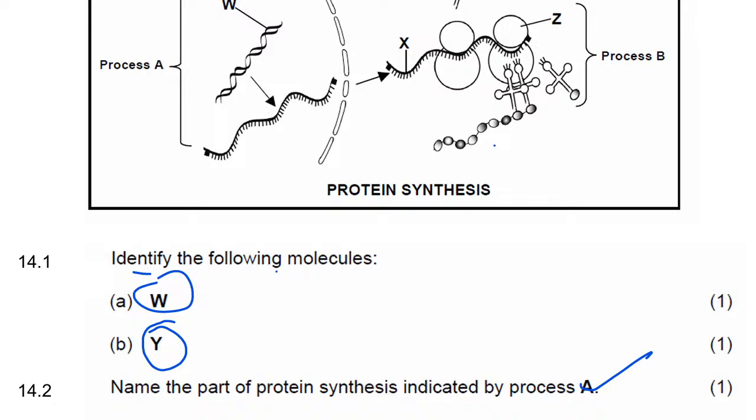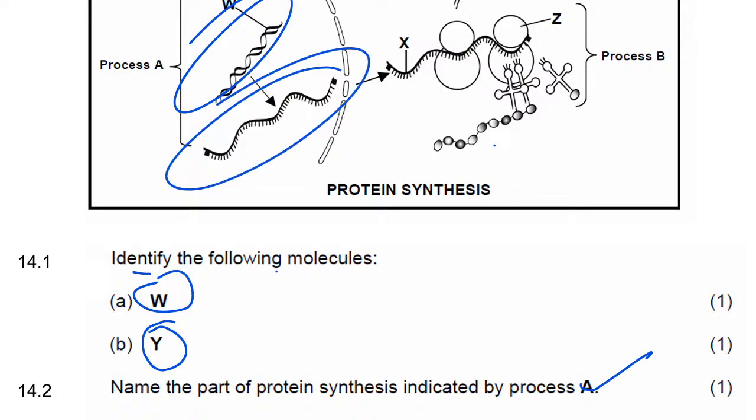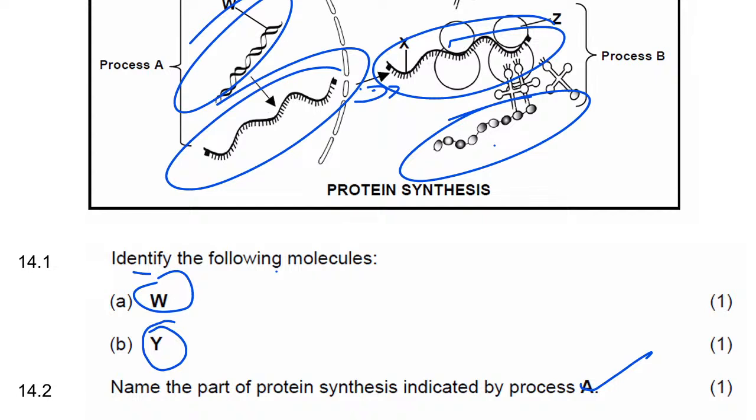So when DNA changes, messenger RNA will change. When the messenger RNA changes, the amino acid sequence will change. If the amino acid sequence changes, then automatically a different protein will be formed. So that's the idea.